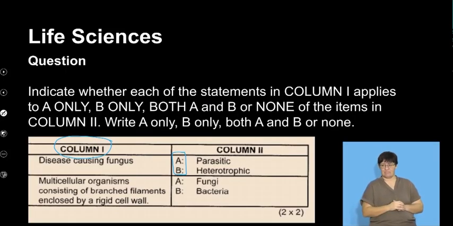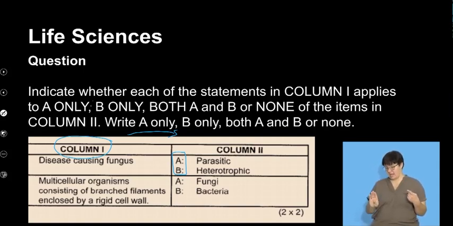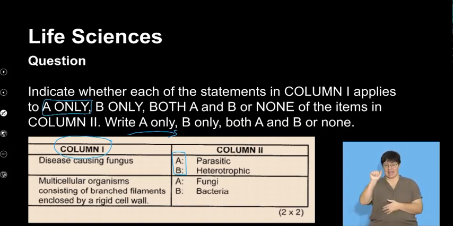Now what you need to do is the following. We go to the diagram, we go to this statement: is A correct, is B correct? So if A is correct, you write only A. If statement B is correct, you write B only.